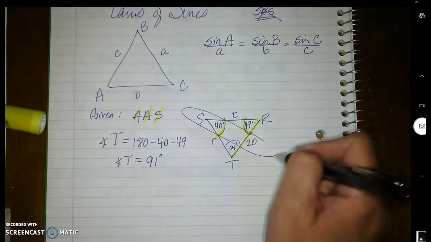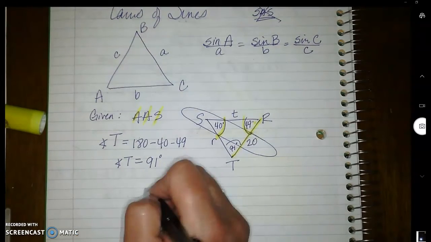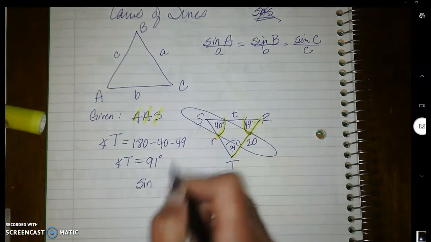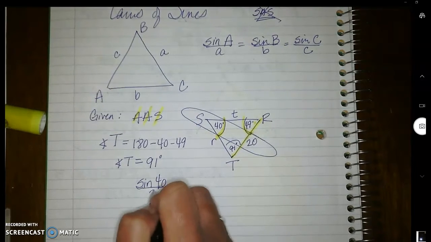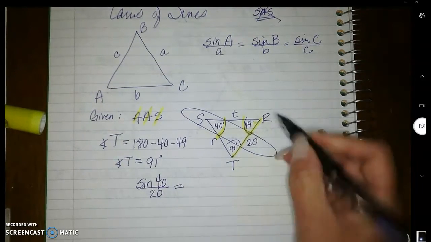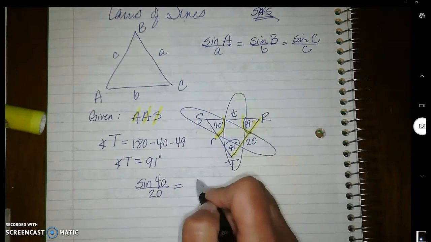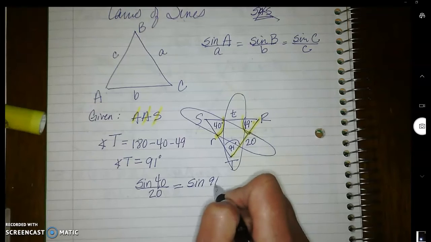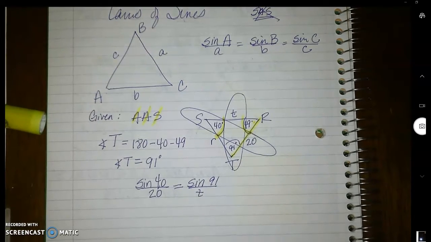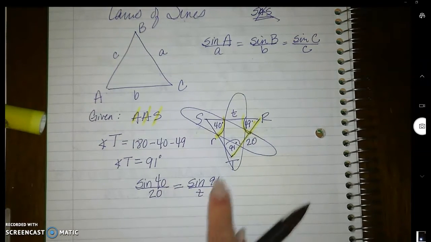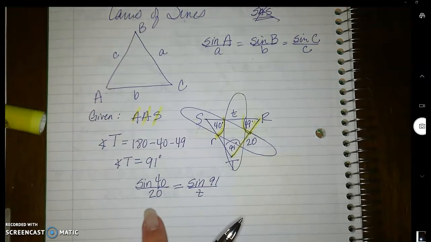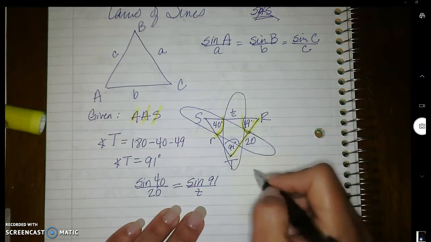So I'm going to do my law of sines to get there. I know angle S and I know side S, so I'm definitely going to do the sine of 40 over 20, and I'm going to set that equal to, starting with letter T, the sine of 91 divided by lowercase t. In a minute, I'm going to do a little bit of algebra to figure out what that is. I'm going to get the other side set up.